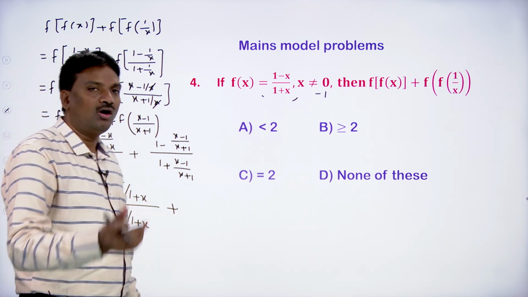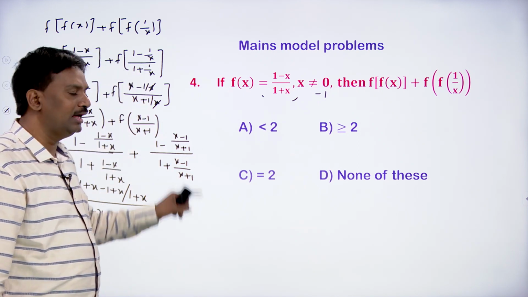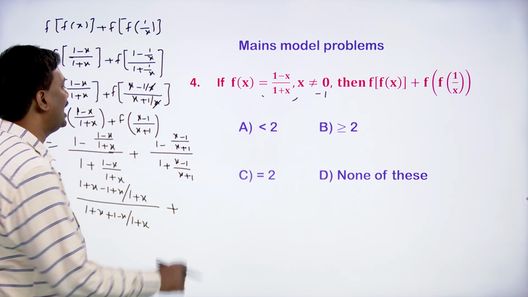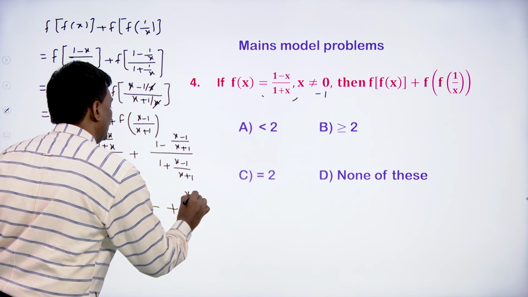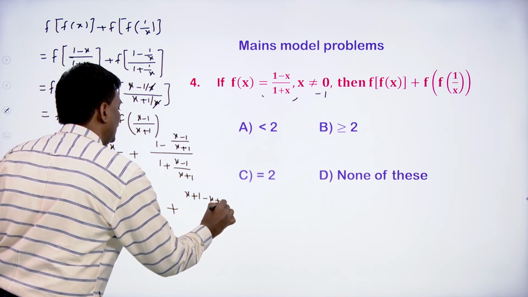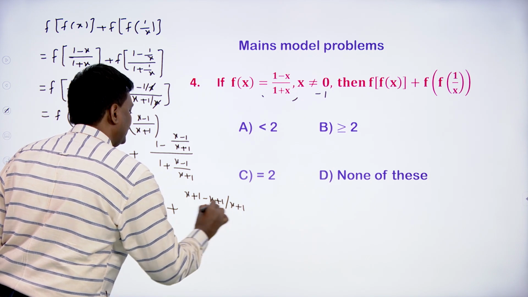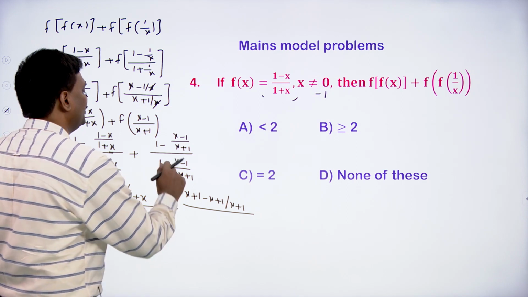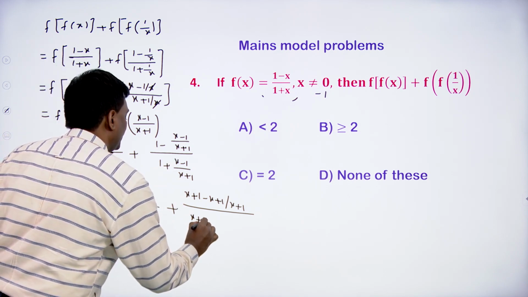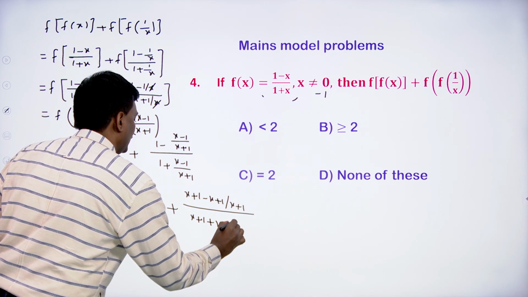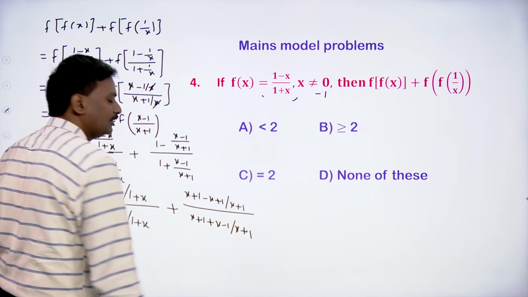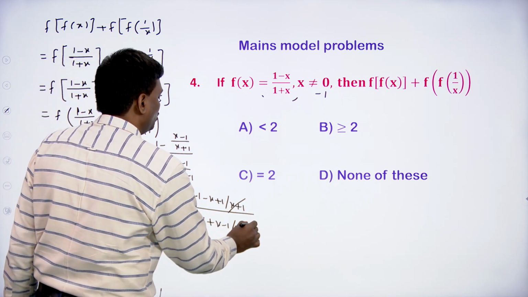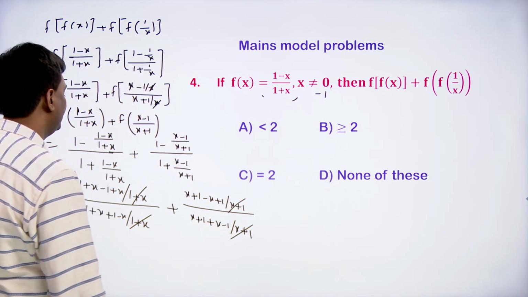So for this function also in numerator and denominator by taking x plus 1 as common. In numerator, (x plus 1) minus (x minus 1), minus of minus plus 1, by x plus 1. In denominator also by taking x plus 1 as LCM, x plus 1 into x plus 1 plus (x minus 1) by x plus 1. In numerator and denominator we can cancel 1 plus x. Here in numerator and denominator we can cancel x plus 1.